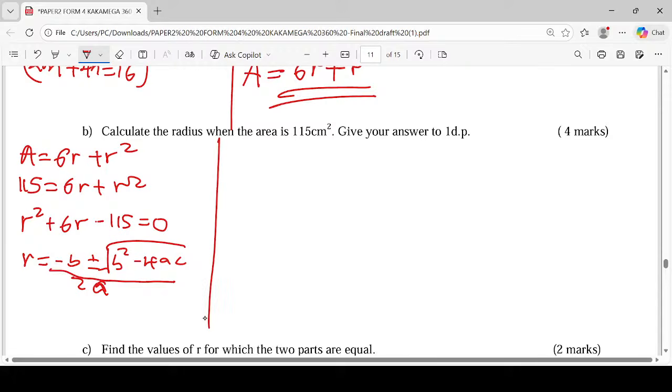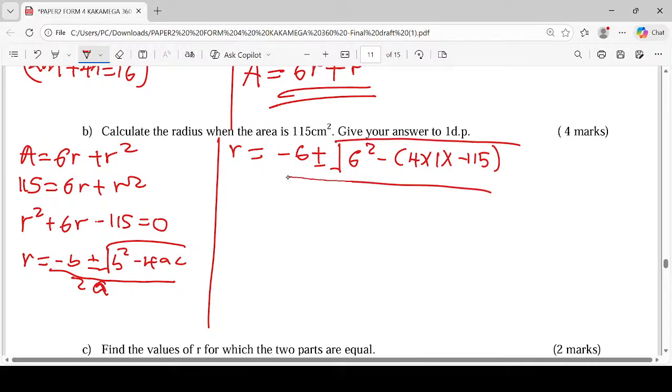So when you substitute, our value for r will be given by negative b, that is negative 6, plus or minus the root of b squared, that is 6 squared, minus 4 times a, which is 1, times c, which is negative 115, divided by 2a, that is 2 multiplied by 1.